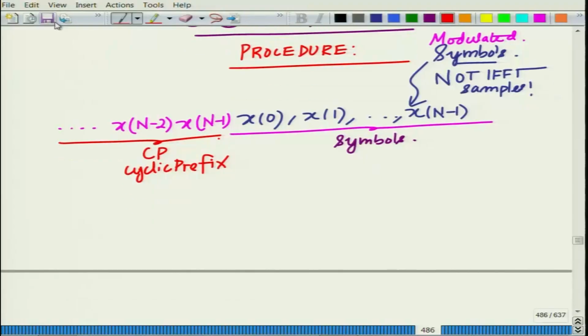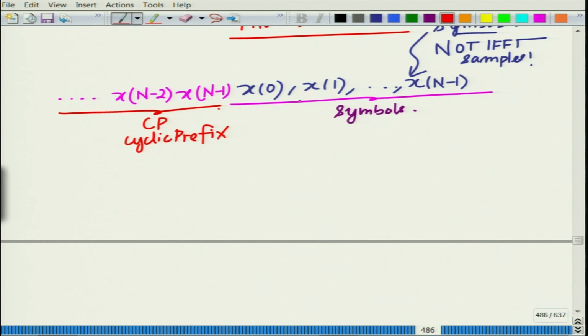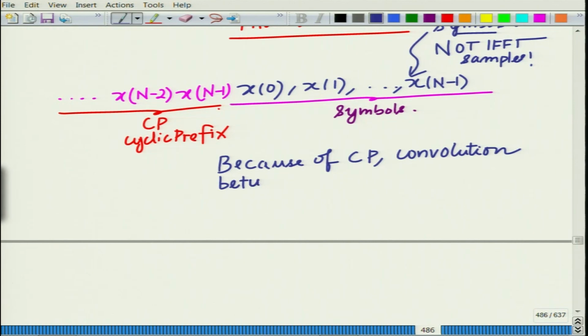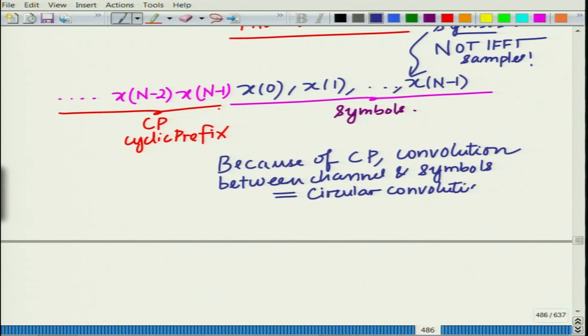Therefore, similar to OFDM, because of the CP the convolution between the channel and the symbols becomes a circular convolution, and that is why you have the circulant matrix, the matrix that represents the circular convolution.